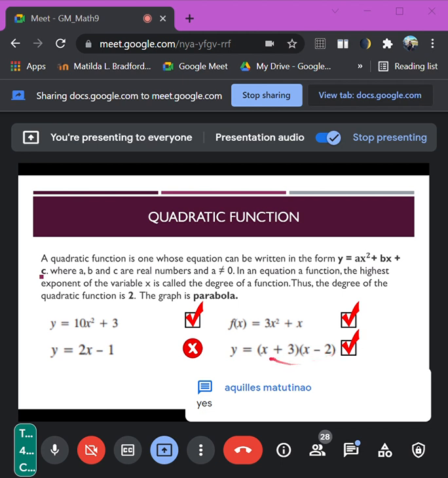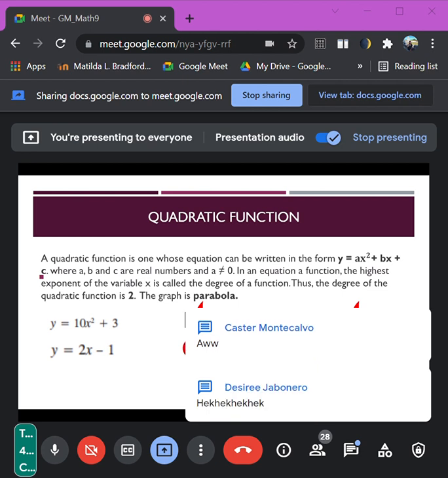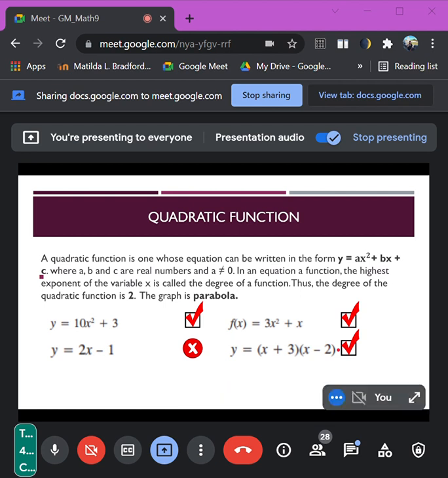Okay, you don't see the exponent squared, teacher. We can change it into standard form. When you use the FOIL method, that is x squared, and then minus 2x plus 3x, and then minus 6.